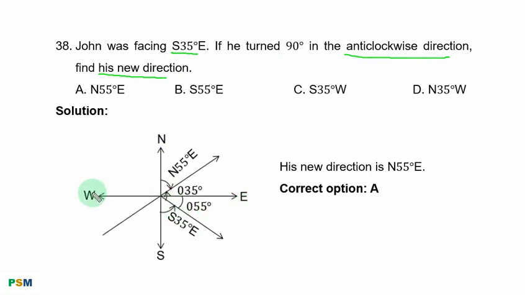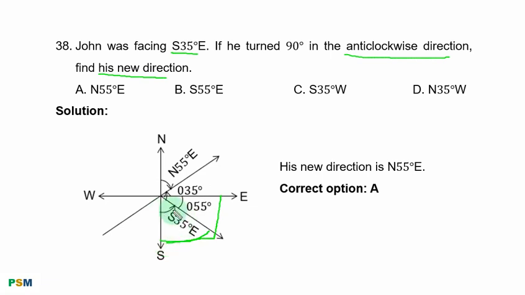So John is facing southeast, from here to this point. If John is going forward, that is clockwise. Now going backward is anti-clockwise. This whole quadrant is 90 degrees.